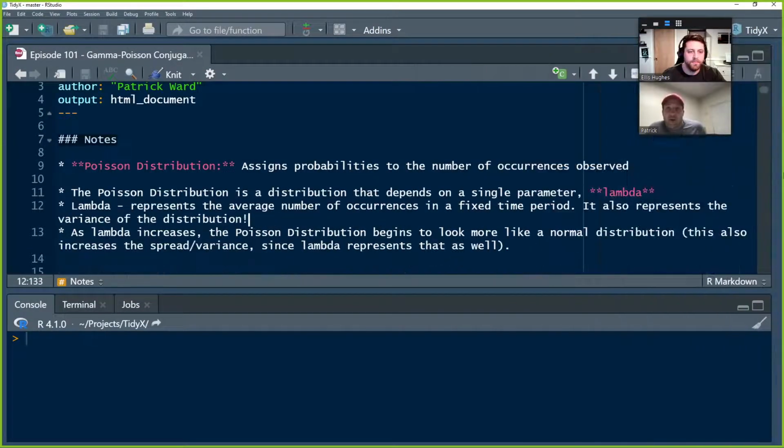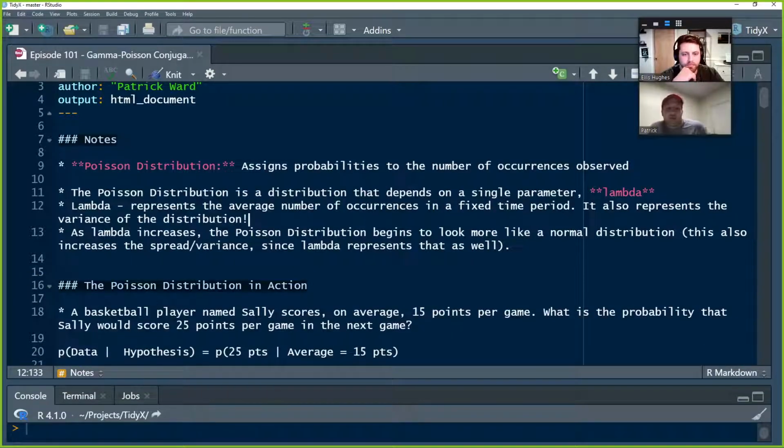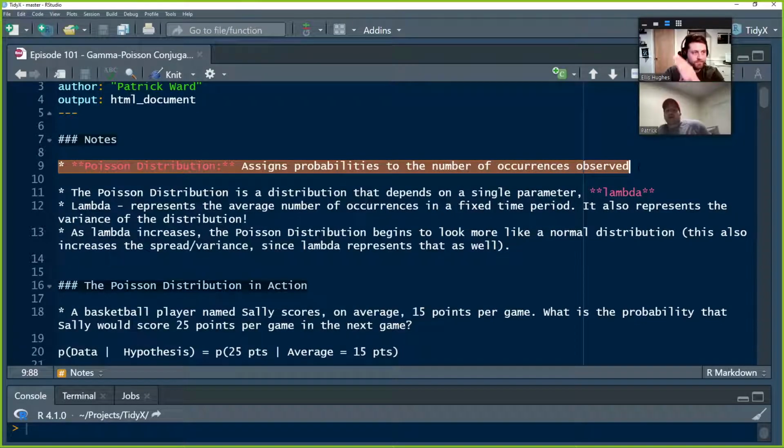And then we talked about count data and Poisson distribution. And then we talked about the normal distribution, which is continuous variables from infinity to infinity. And today, last week we did binomial distribution. Today we're going to talk Poisson distribution, and more importantly, the gamma Poisson conjugate.